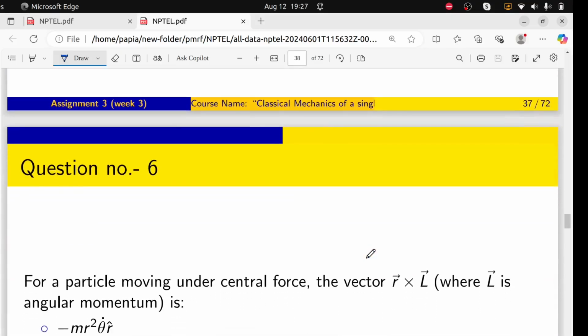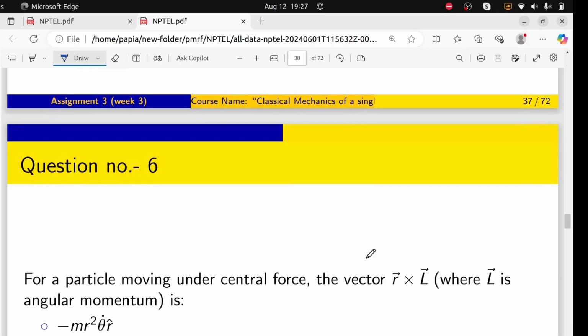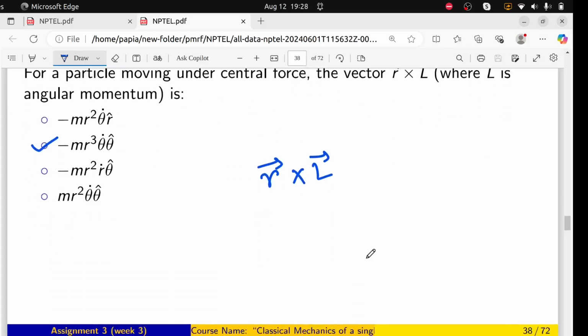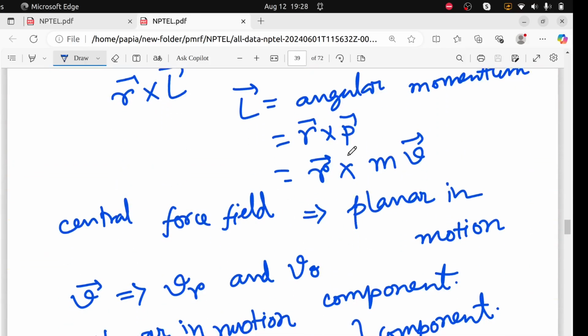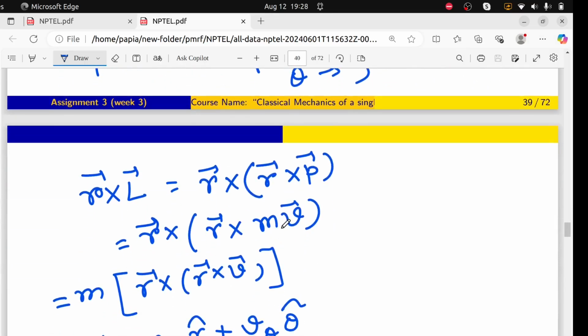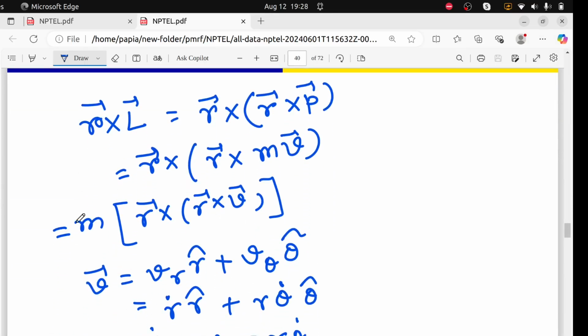Now question number 6. For a particle moving under the central force, the vector r plus L is how much? So this is very interesting because we just need a vector analysis very carefully. L is given as r cross p, and p is mv. So r cross mv. I first calculated r cross v, and m is outside.